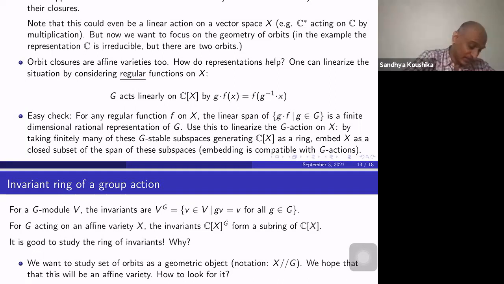So let us assume that there is such an affine variety. How do I look for it? Well, we know that an affine variety is completely characterized by its ring of regular functions. So we should look for regular functions on this variety.